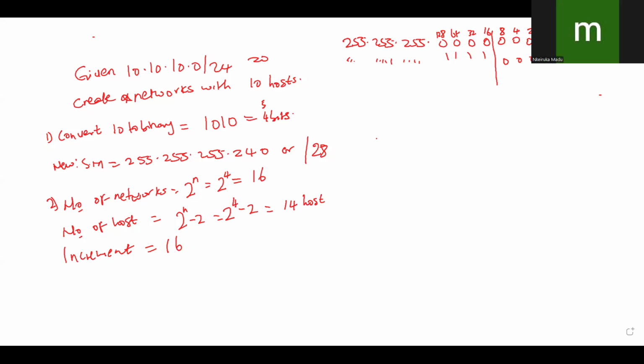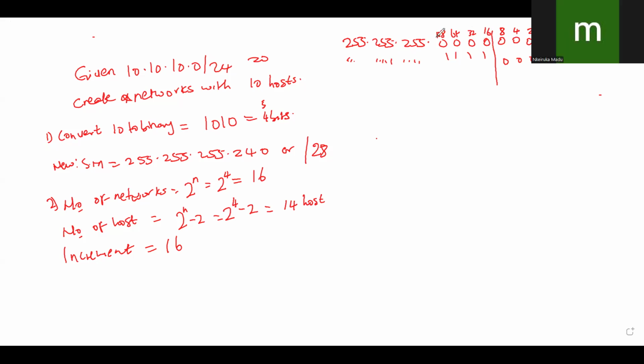So our increment is the last bit that we turned on, its position in the binary table. That is our increment on that octet. So we are going to be incrementing by 16 on the last octet.